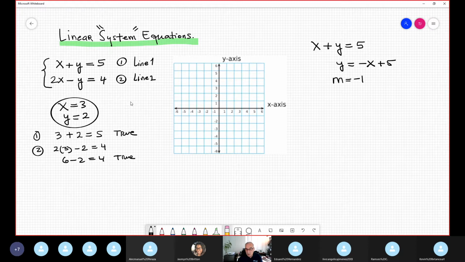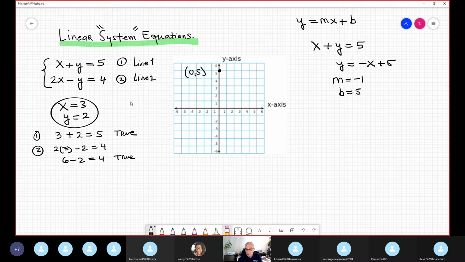Remember, slope is the coefficient in front of the x, and b is the y-intercept, so b is 5. I plot that point, 5 here: 1, 2, 3, 4, and 5. This is the point (0, 5) that represents the y-intercept of this line.